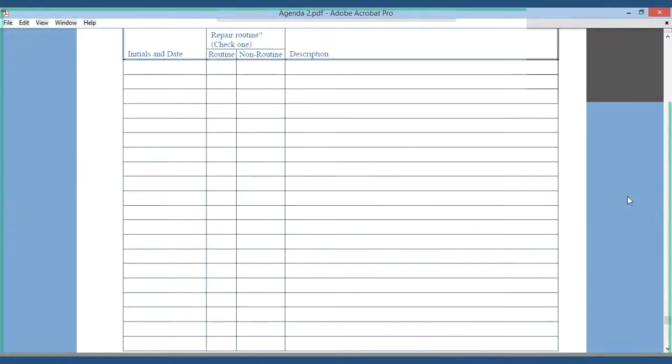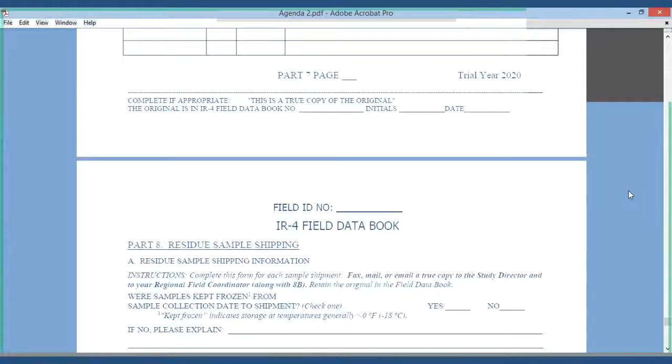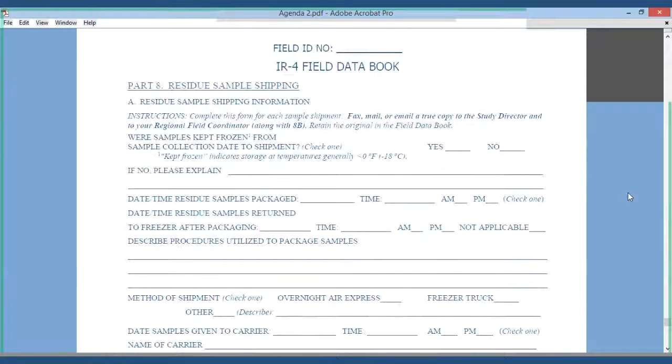Next page, please. So, can you stop there? This part 8 is for residue shipping, sample shipping. In most cases, I don't expect you to ship your samples.